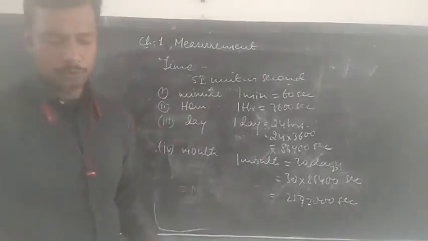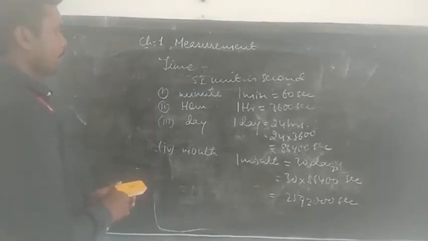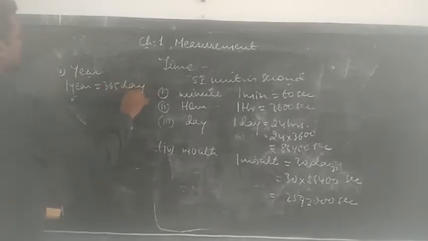Let us now come to another unit, that will be year. Please see this side. We have year, another unit, and 1 year is equal to 365 days.